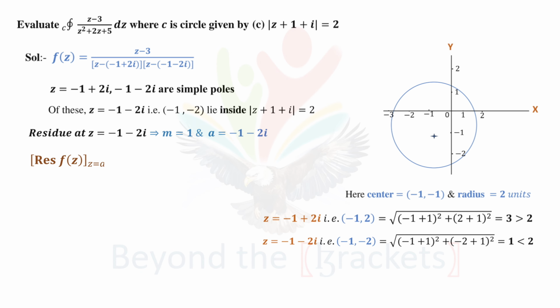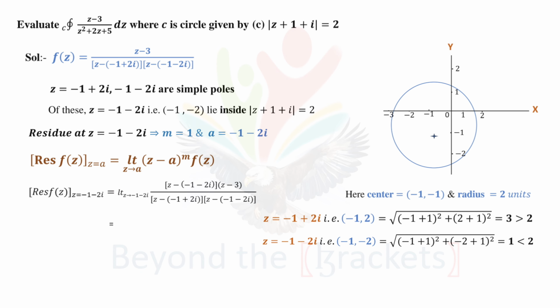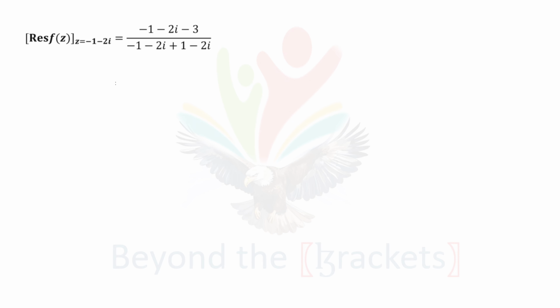Using the residue formula for a simple pole and substituting the values, we get the limit as z tends to -1 - 2i of (z - 3)/(z + 1 - 2i). Applying the limit, we have (-1 - 2i - 3)/(-1 - 2i + 1 - 2i). Simplifying this, we get (-2i - 4)/(-4i). Separating both the terms, we get 1/2 - i.